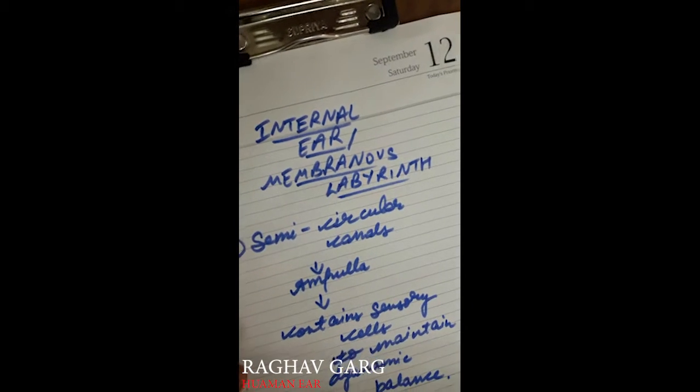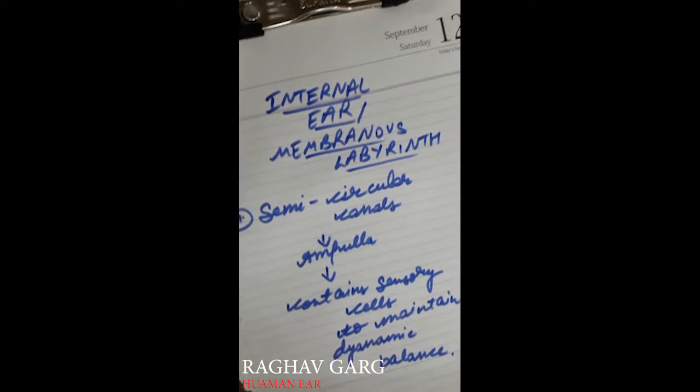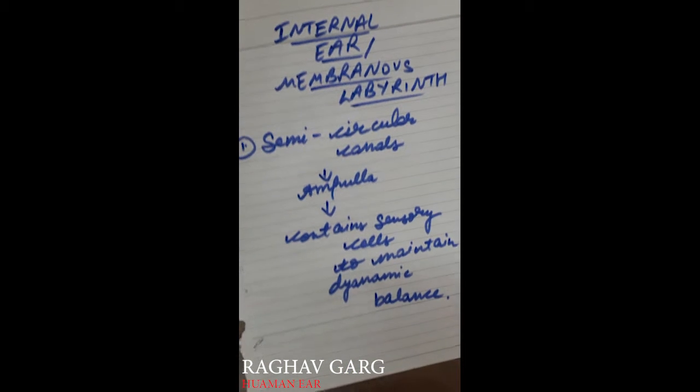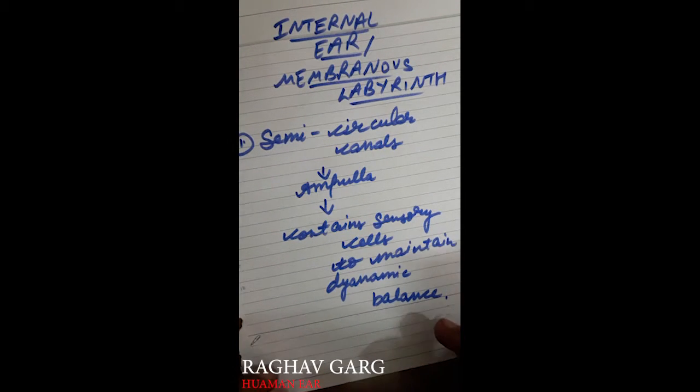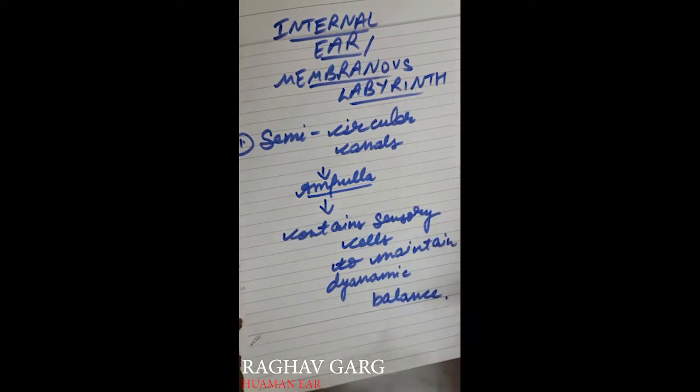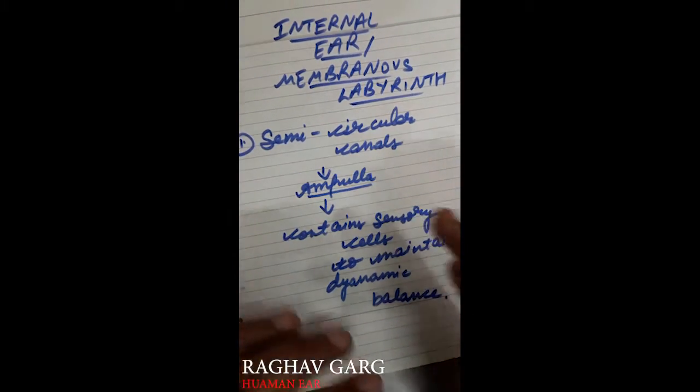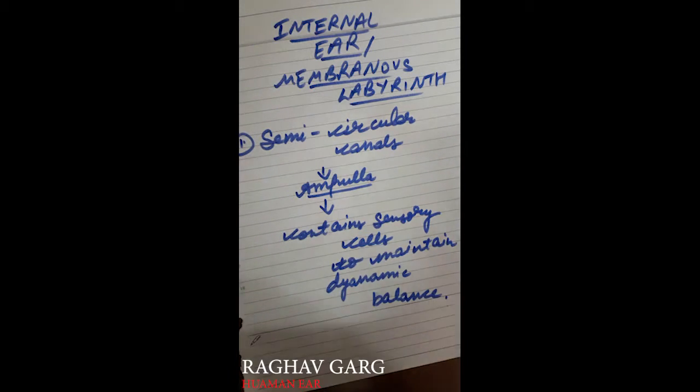Many times in boards it is asked what is the structure that maintains the dynamic balance. It is the ampulla, which is contained in the semicircular canals. These semicircular canals are separated through the basilar and tectorial membrane.